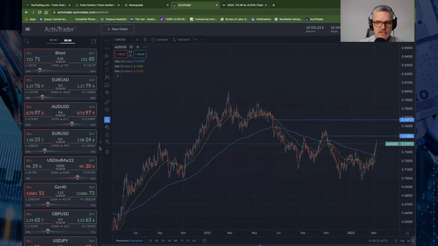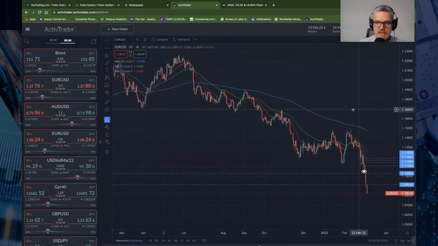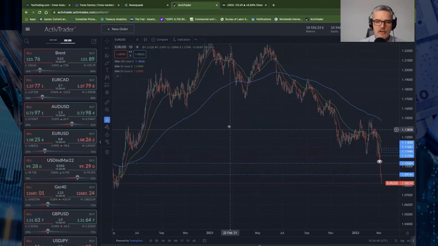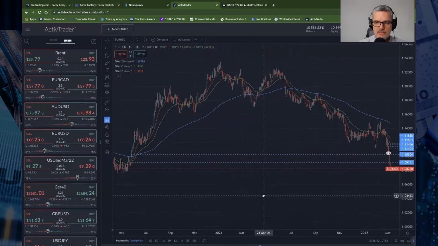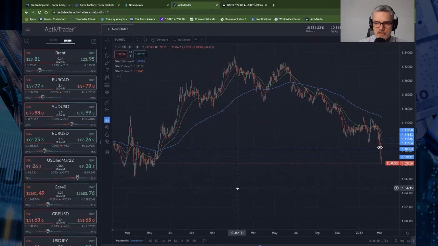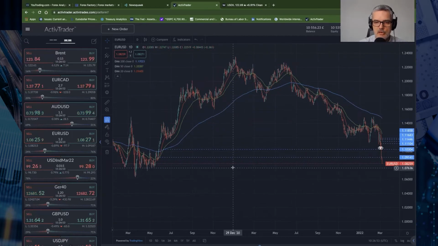Going down to the euro versus US dollar, the euro is obviously the nearest currency to the conflict in Europe. Obviously, Ukraine is a trading partner, if you like, with Europe under certain circumstances. One of the reasons why Russia's adamant that Europe doesn't get any more of a foothold in Ukraine.